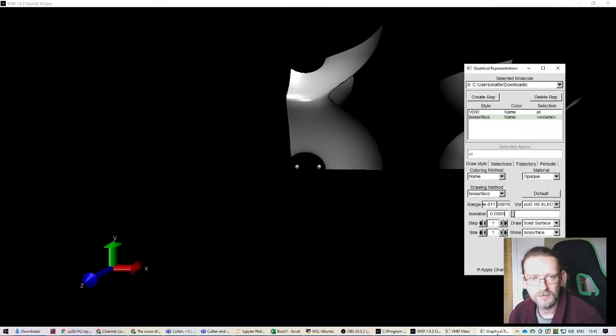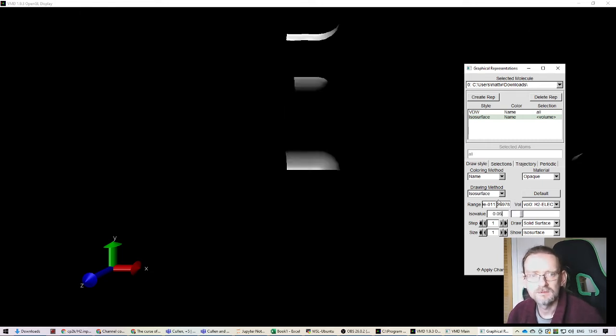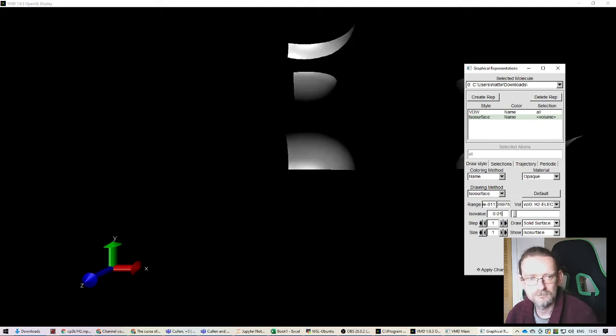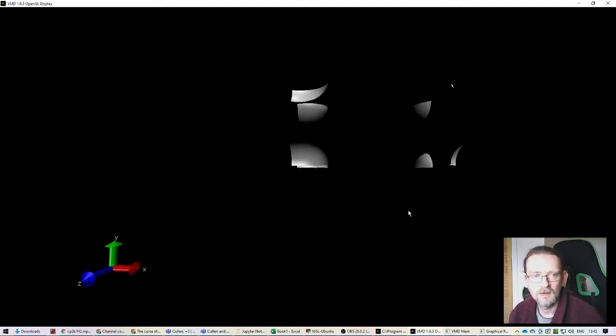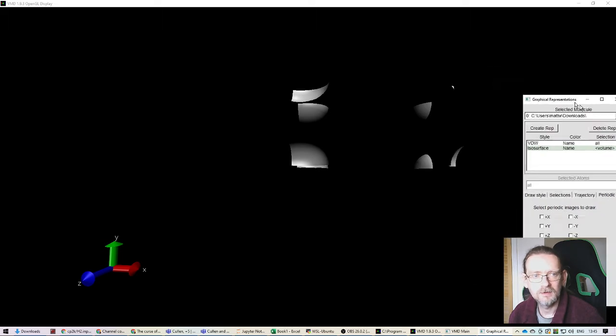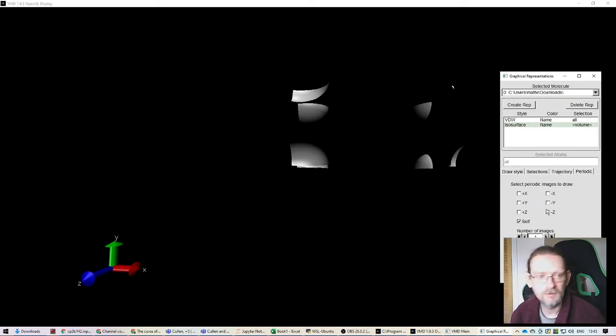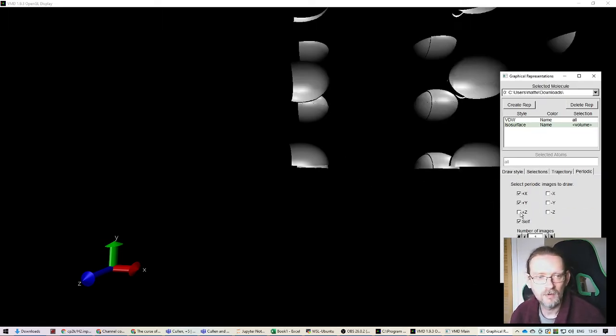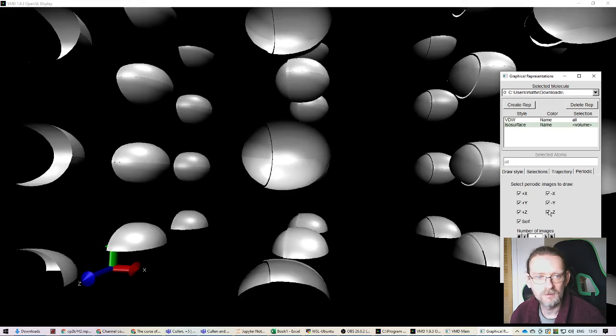So I need to pick a slightly different isosurface. Okay, I was a bit silly with how I positioned my atom. And now you can actually see that there is a box. I've got this periodic repetition of the system.